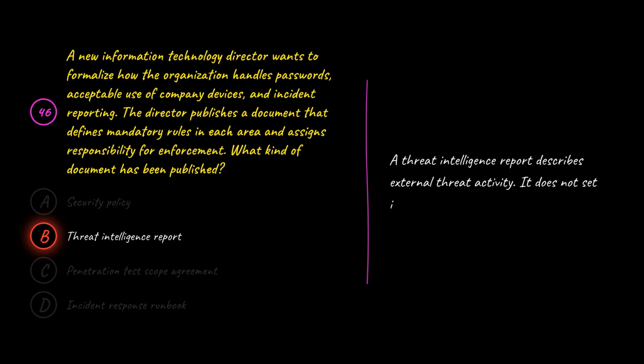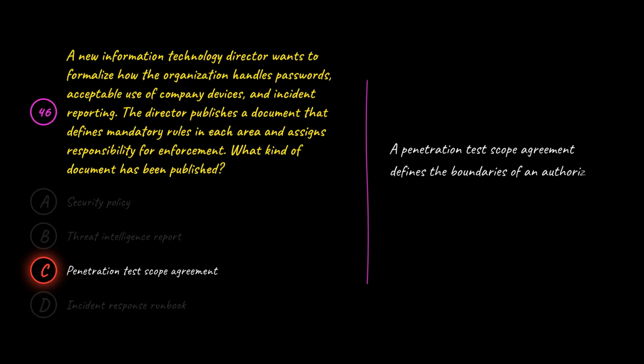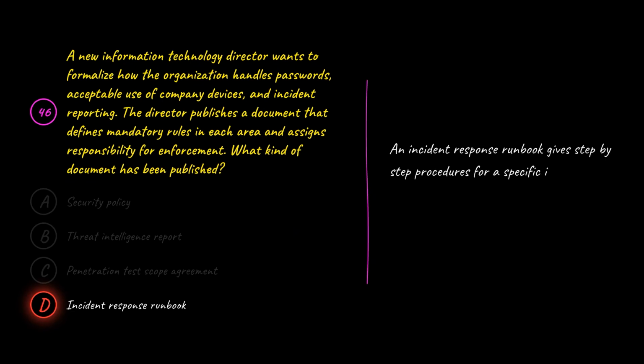It does not set internal mandatory rules. C is wrong because a penetration test scope agreement defines the boundaries of an authorized test. It is not an organization-wide rule set. D is wrong because an incident response runbook gives step-by-step procedures for a specific incident type. It is narrower than a comprehensive policy.